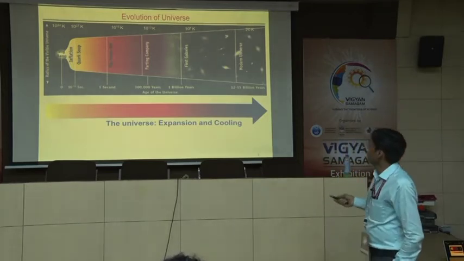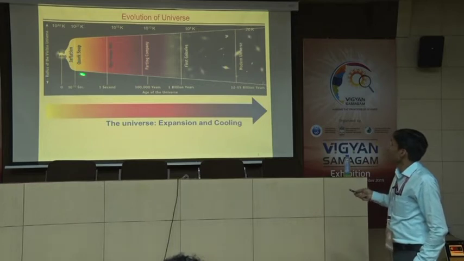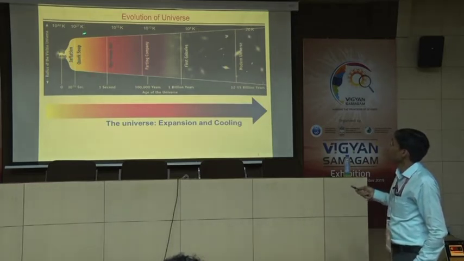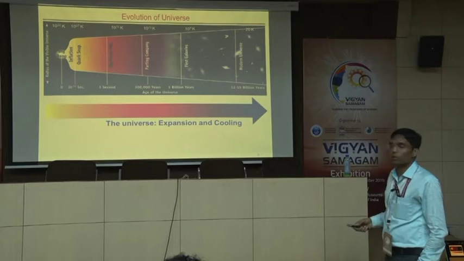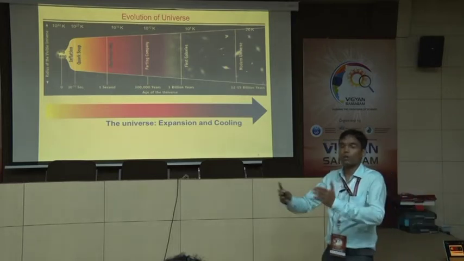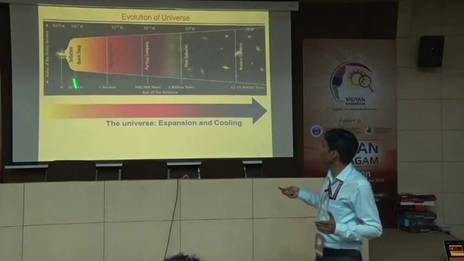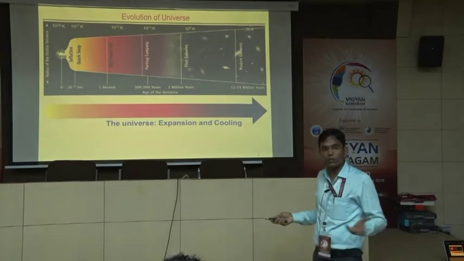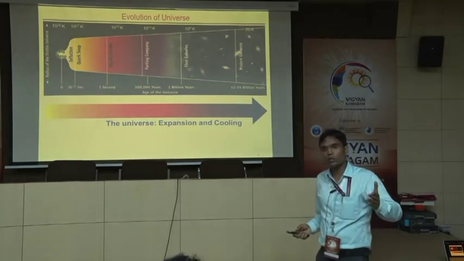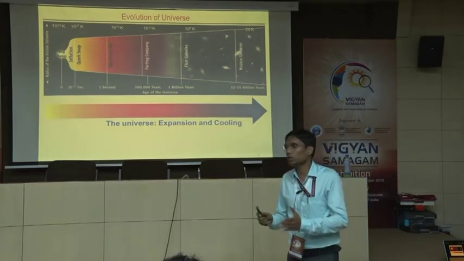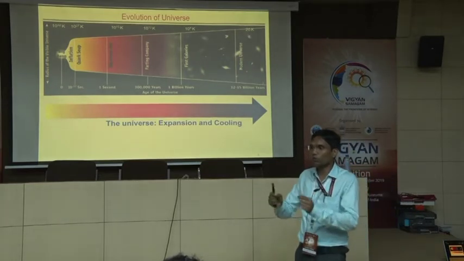Okay. There is a state called quark soup. This state is basically quarks and gluons in some volume. No matter was there during this time; there was nothing, only energy was converted into a state of matter where you have quarks and gluons.